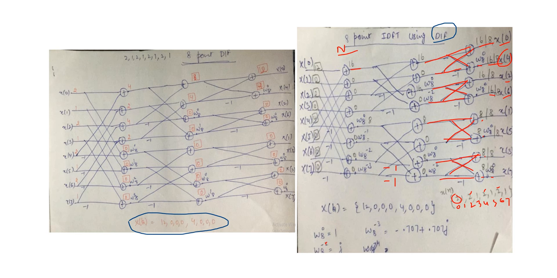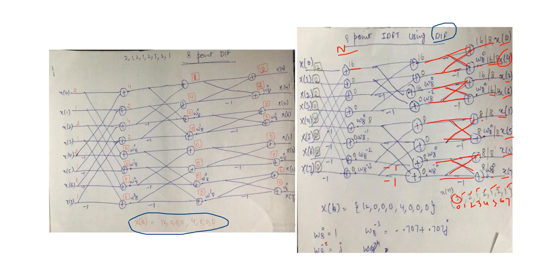Now x of 1 is 8 divided by 8, which is 1. X of 5 is 8 divided by 8, which is 1. X of 3 is 8 divided by 8, which is 1. And x of 7 is 8 divided by 8, which is 1.